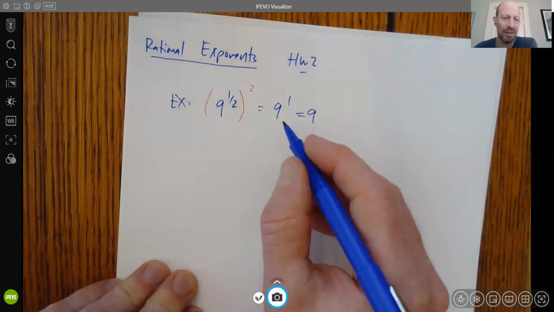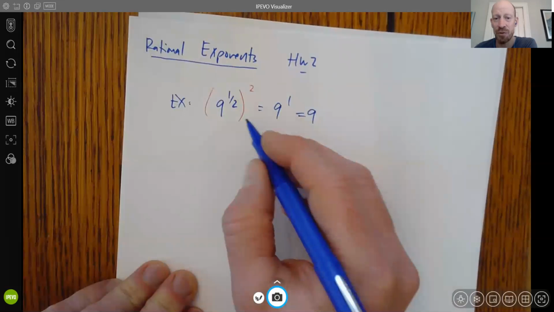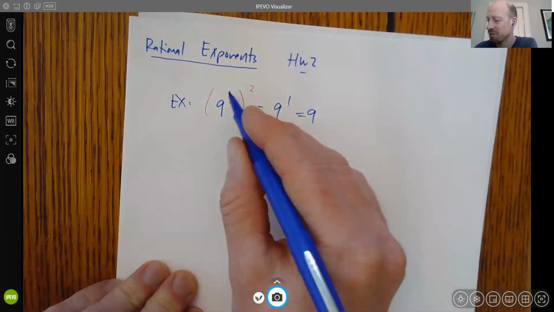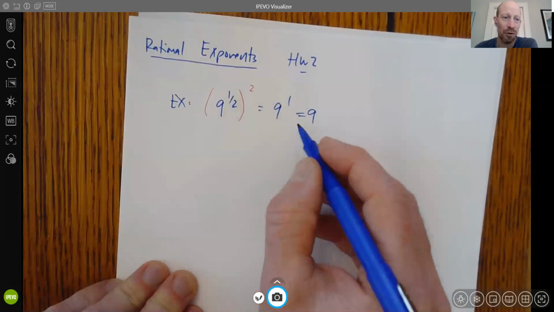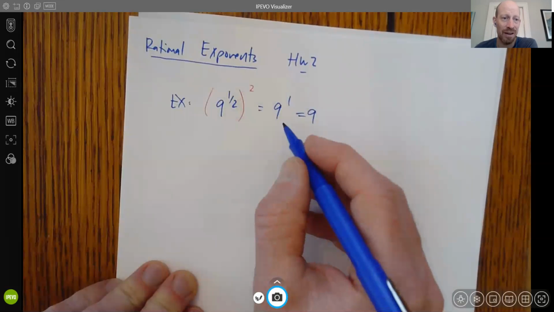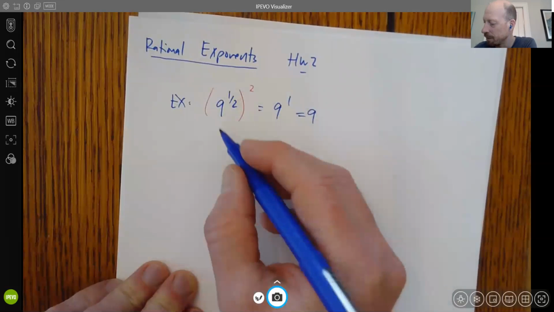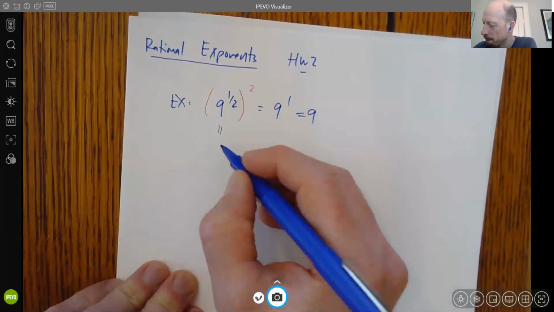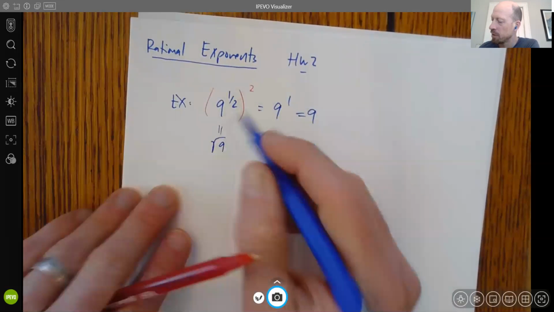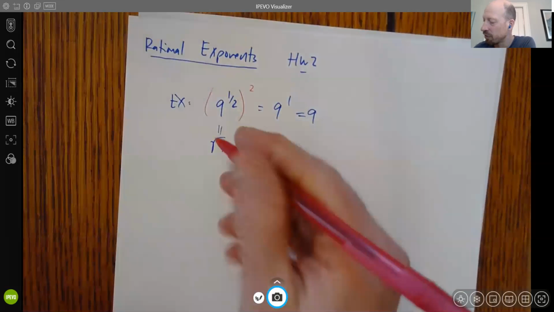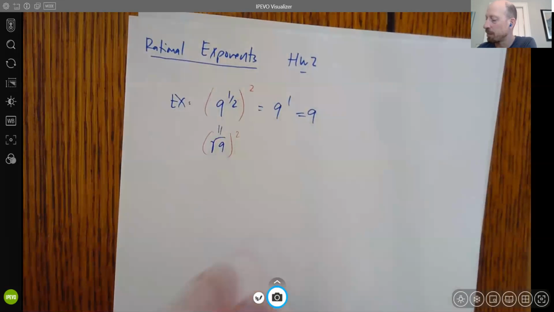Well, you guys know what that is, right? What do I square and get 9? What's in here has to be 3, right? Which, if we had done a little more work with radicals, we would also recognize as the square root of 9. That works the same way here, so they must be the same things.